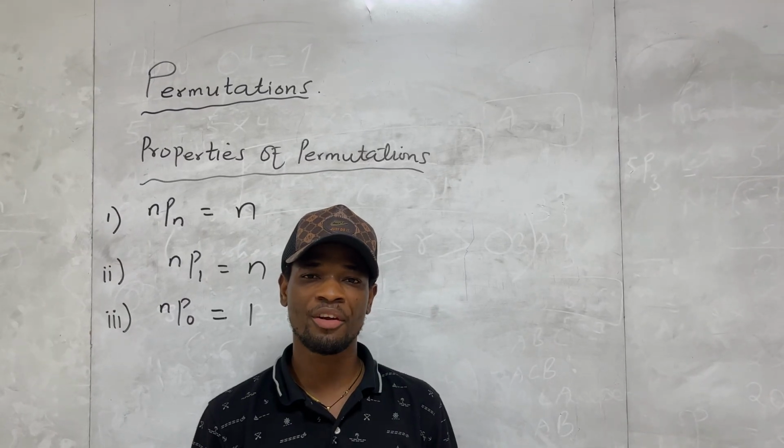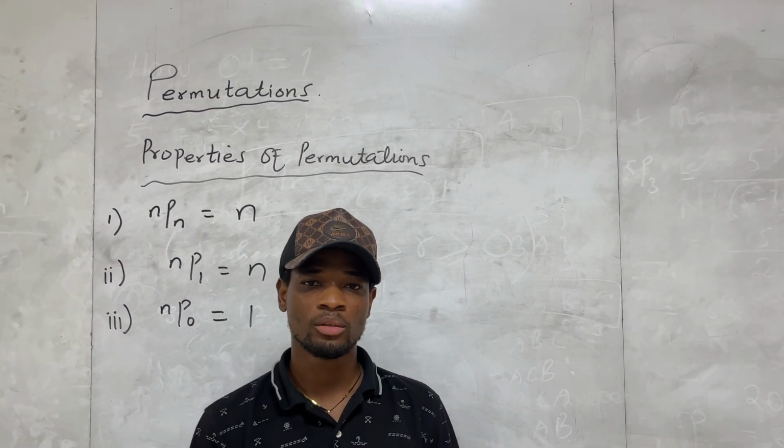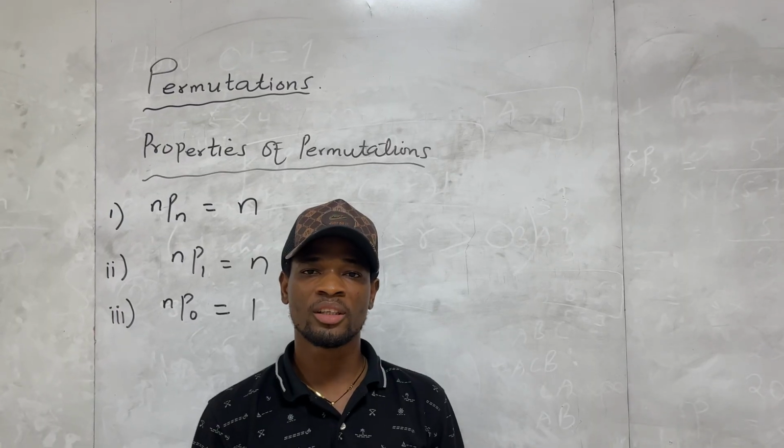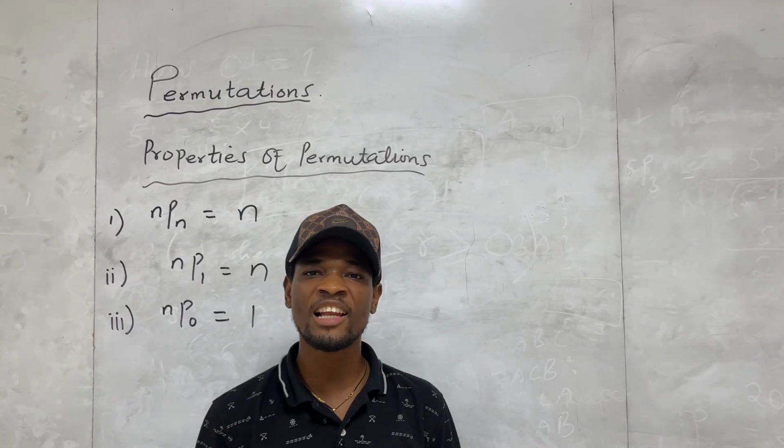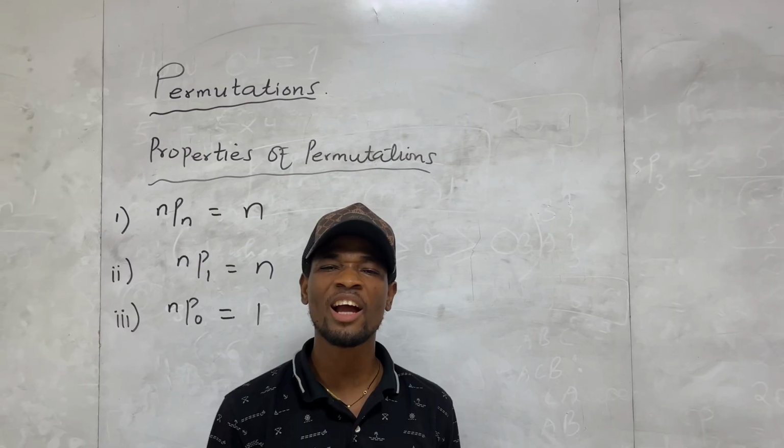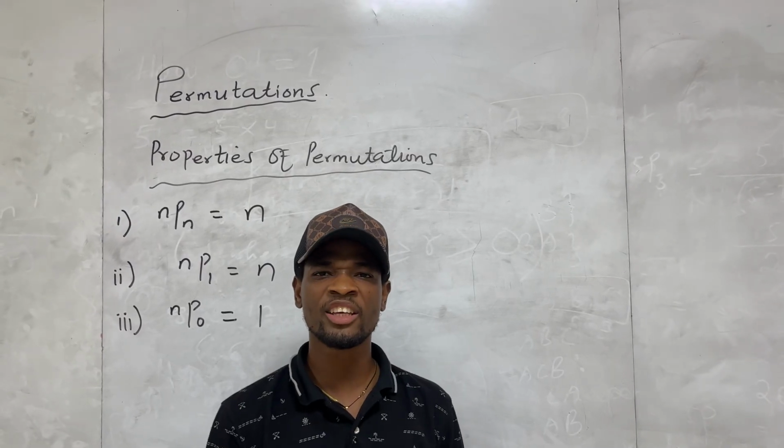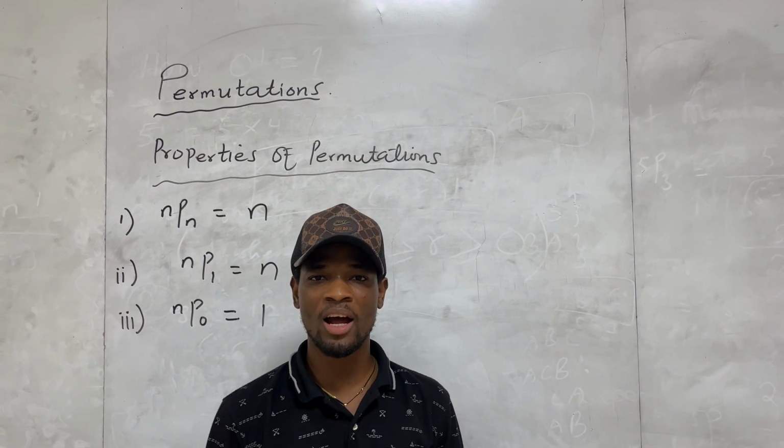We are still considering permutations, right? So we want to arrange a given number of items in a linear form, taking into account the order of arrangement.